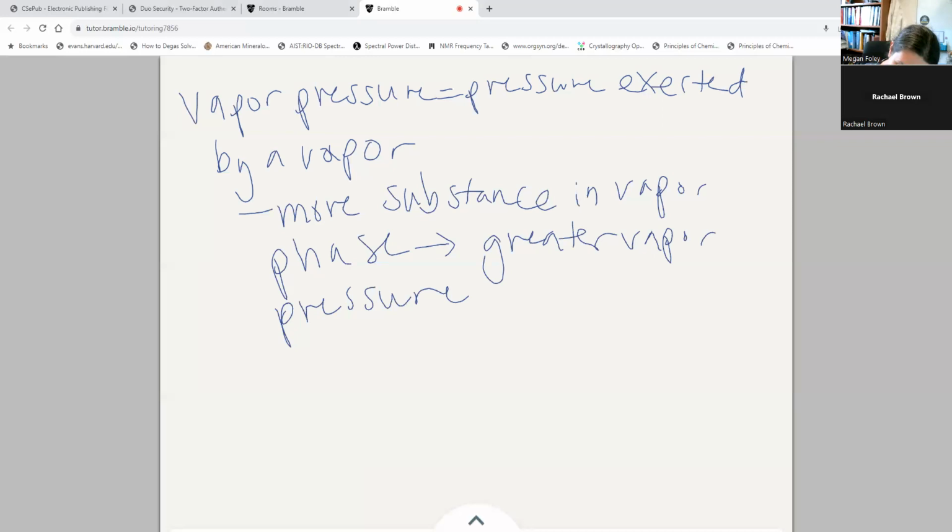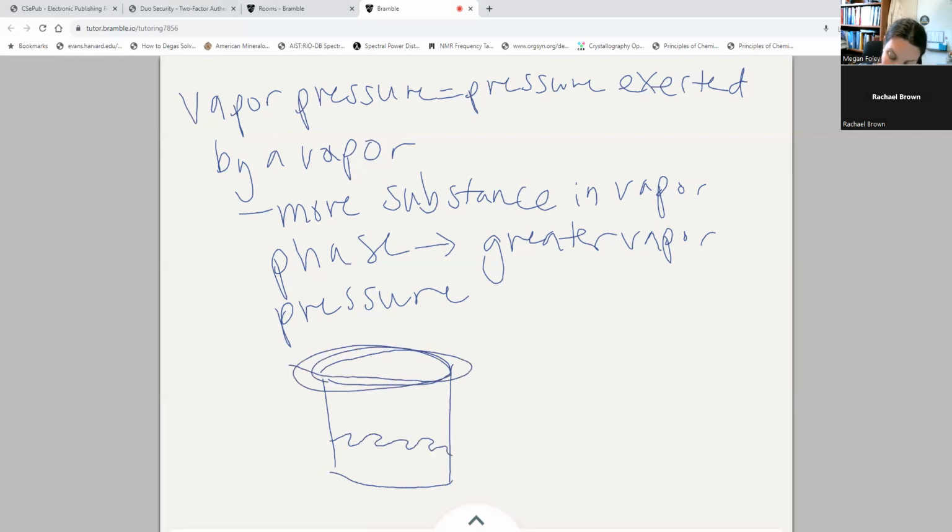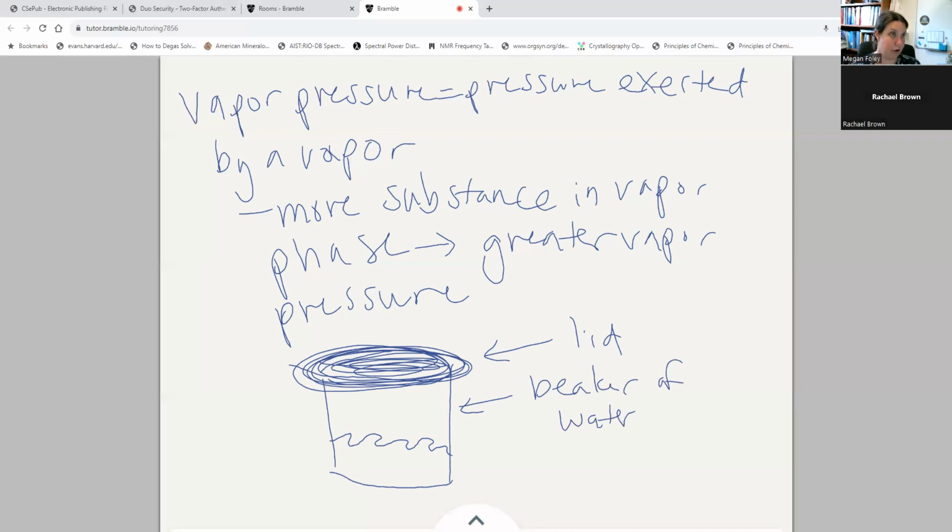So if we think about taking a beaker of water, and we put a lid on top of that. If this is left for a certain amount of time, there will be liquid water going into the gaseous phase and gaseous water going into the liquid phase.